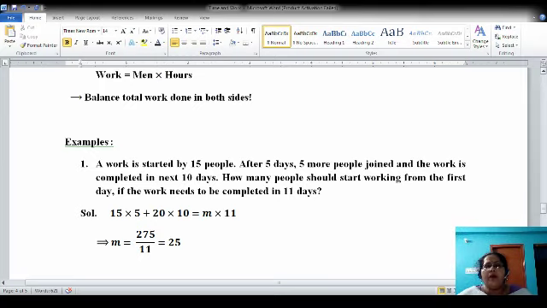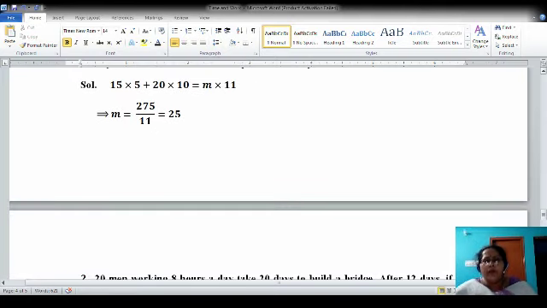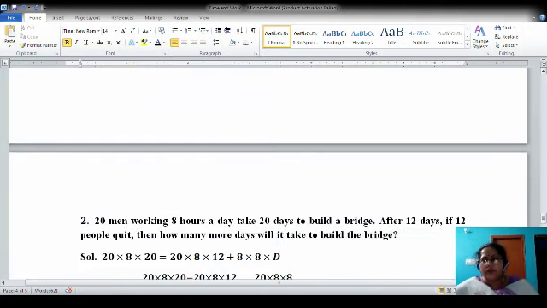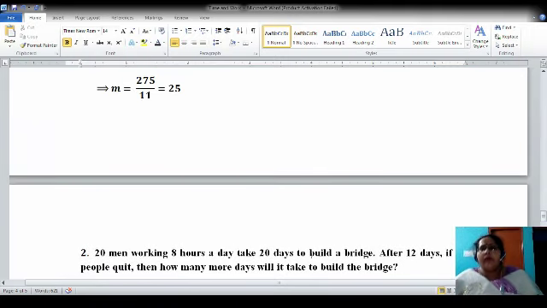Okay, so this is a type of question which can be done by balancing the total work by measuring the man hours or the man days. One more question which fits into this model, rather not exactly of this type. So now we have a question: 20 men working 8 hours a day take 20 days to build a bridge.